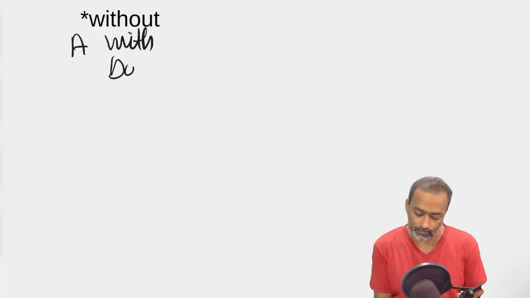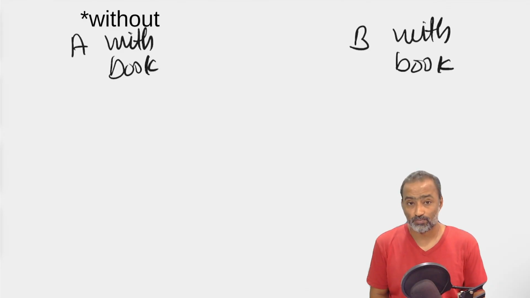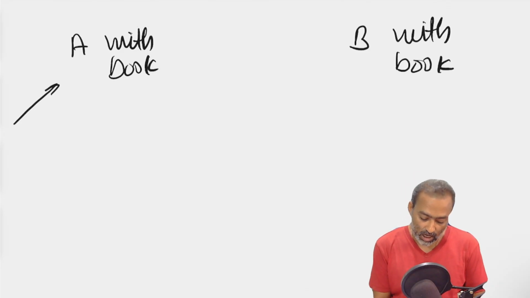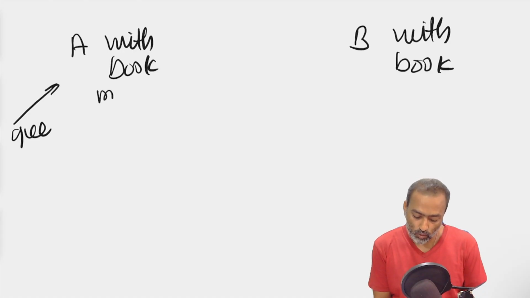Let's say we have student A without a book and student B with a book. I ask a question to student A. He will use his own memory to answer.